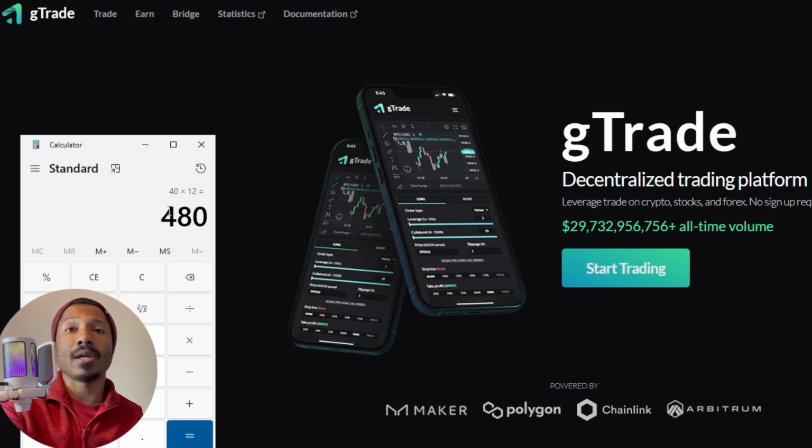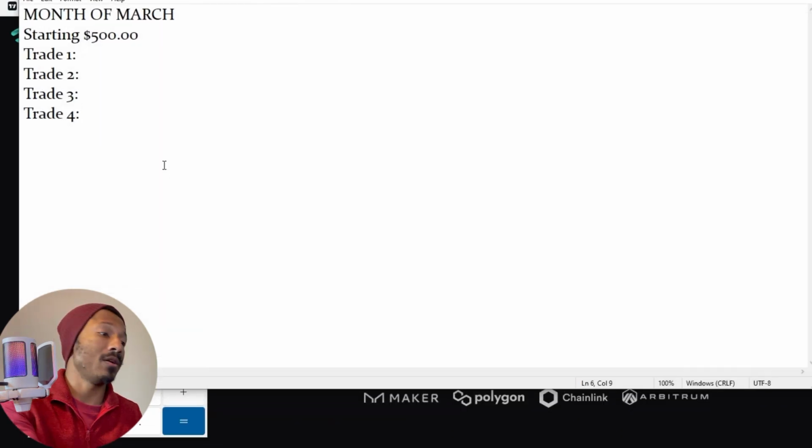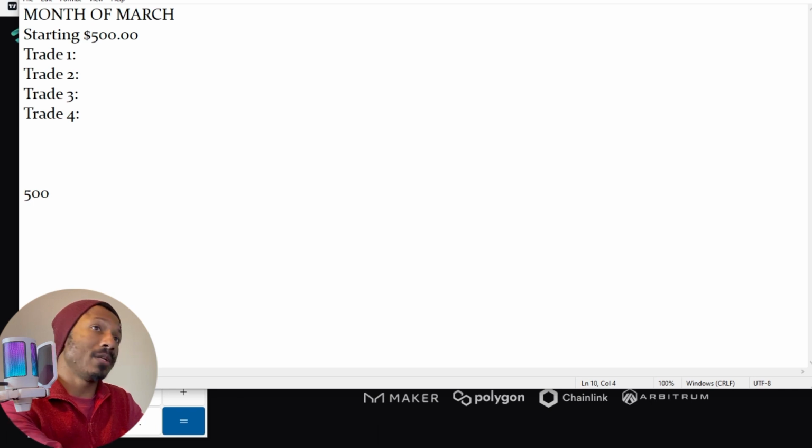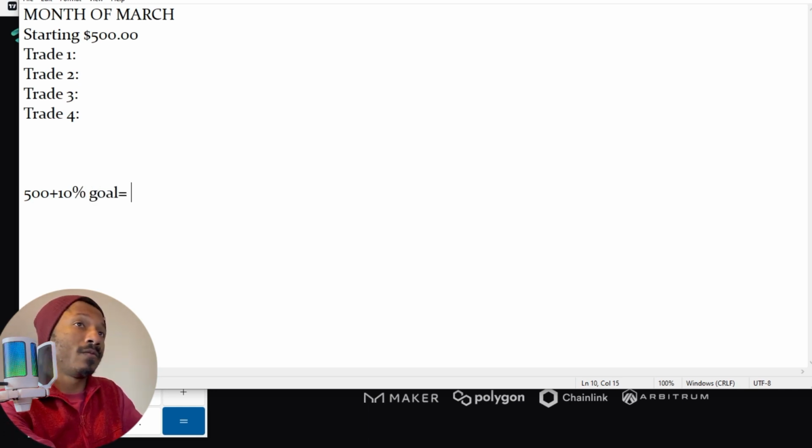So let's go ahead and open this on the pad here. I haven't got everything complete, as you guys can see. It's definitely going to be more organized than this, but I just want to get this started. So we're going to have $500, with the goal of a 10% goal, which would equal 50 bucks.